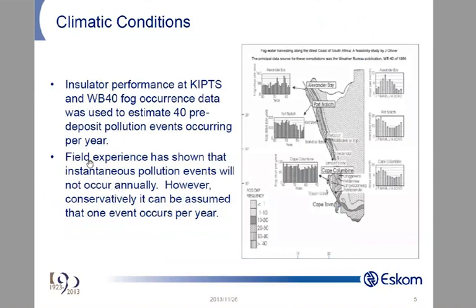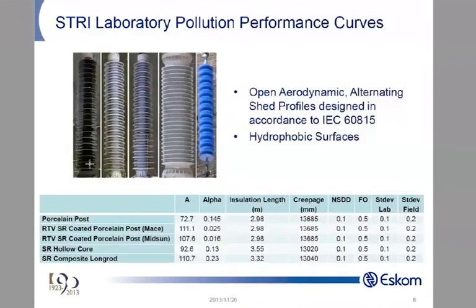And then what we do is we say that at least once a year, not every 6 years, but let's say work at once a year, we've got this extreme conductive fog. Boom. So we set the scene. Now, we went to the lab, and we took bare porcelain and 2 different RTV coating porcelains, and we took a hollow core and a long rod, and we did the pollution performance curve tests at Street in the lab.